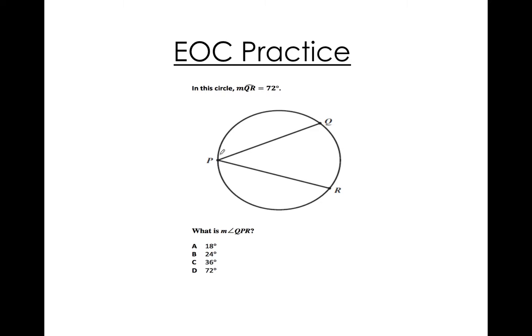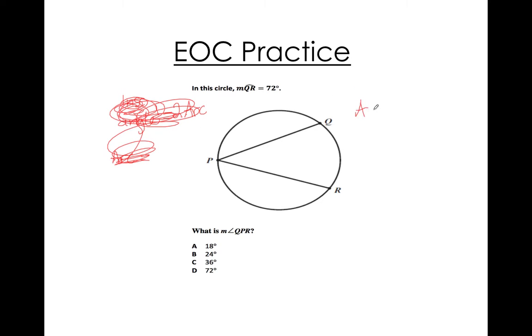Remember, for an inscribed angle, the arc is twice the size of the angle. So it's 2 times the angle. Let me erase that. I'm getting myself mixed up. I'm human, I make mistakes.